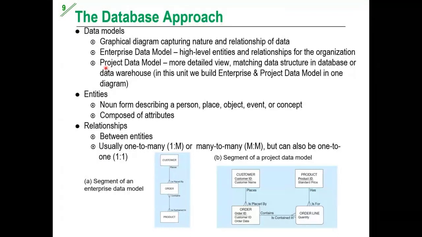So that is what we mean by the project data model, right? And the next important thing that we need to understand is when you develop these data models, we often come across the term entities, right?